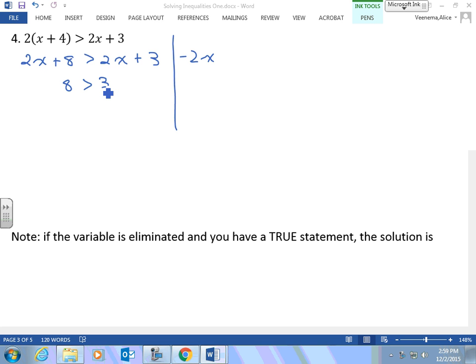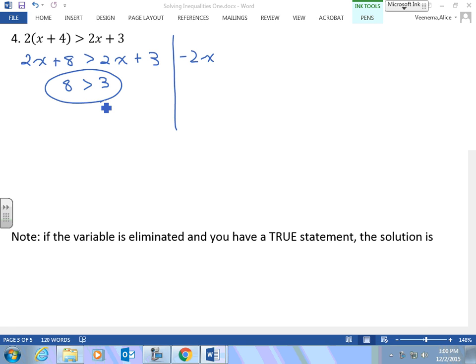So if the variable is eliminated, and you end up with a true statement, and in this case it's true, 8 is greater than 3 no matter what, then really the solution is all possible numbers. So all possible values of x could be inserted into our original inequality here, and we'd end up with something true.